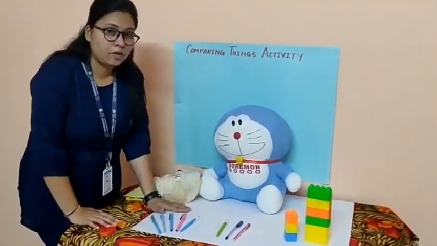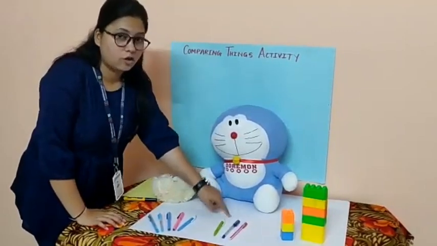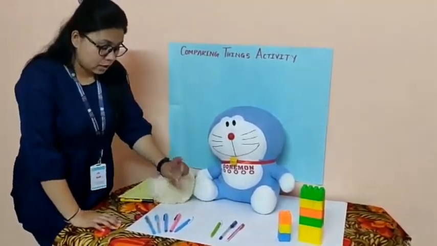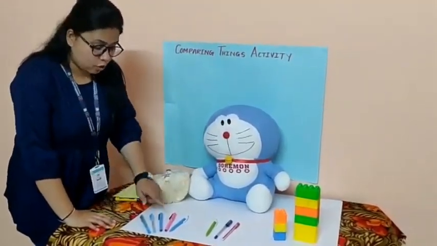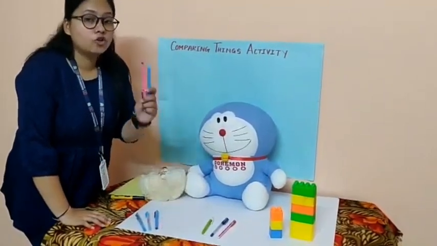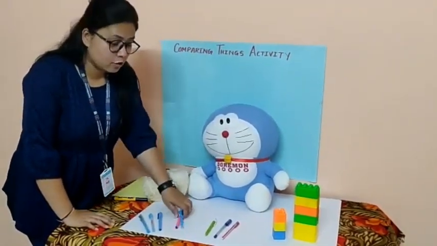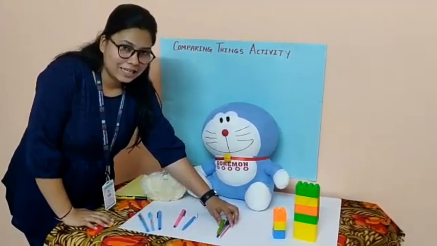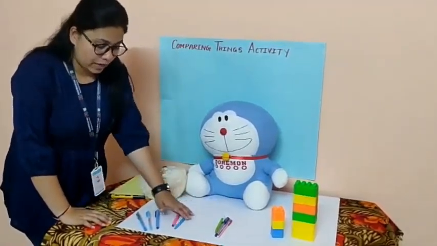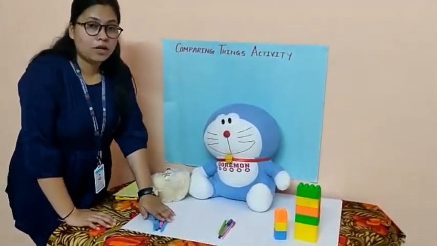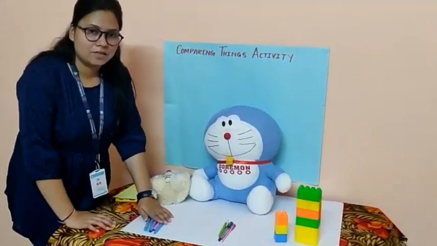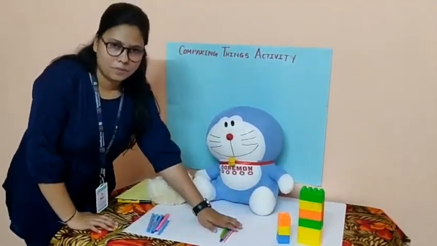Group A belongs to 5 pens, group B belongs to 3 pens. And what is the difference between these? Group A is having 2 more pens than group B, which is having 3 pens. That's why group A, the group which is having 5 pens, is more than group B.